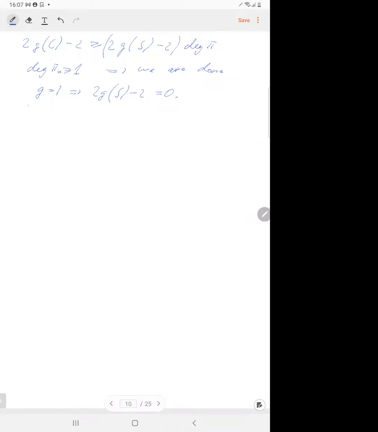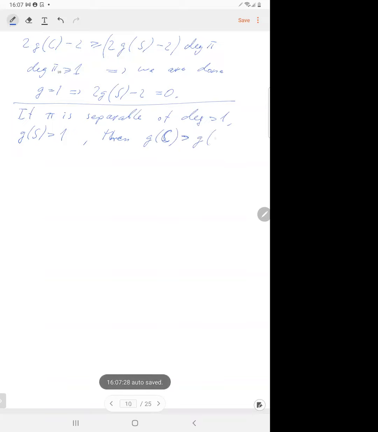So if pi is separable of degree bigger than 1, and the genus of the base is bigger than 1, then the genus of C is bigger than the genus of S.